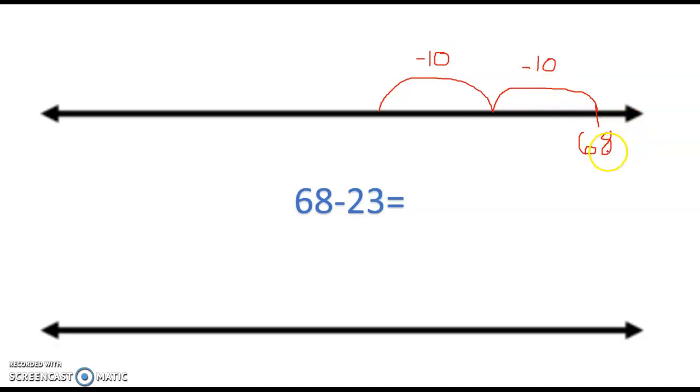I know that when I'm working with tens, my tens place is going to change. My ones place will stay the same. So 6 tens, taking away 1 ten. Now I have 5 tens, and I still have those 8 ones. I did not take any ones away. So 68, 58, take away another 10, 48.